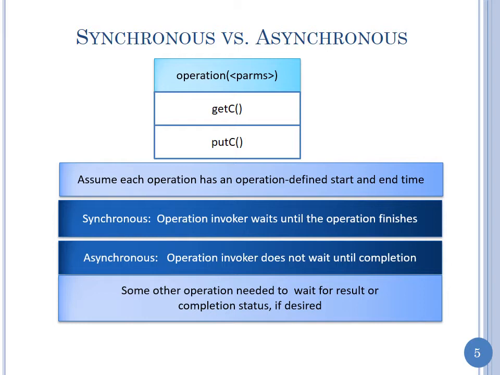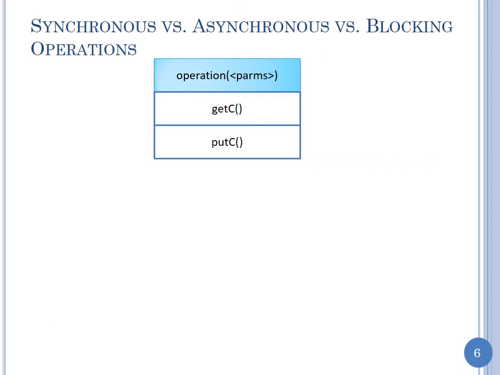And even if there's no result, if you want to get completion status, then you need something else. John Ray mentioned that in JavaScript you can have callbacks invoked that tell you the result of the operation, or if the operation doesn't have a result, the status of the operation. So asynchronous becomes more complicated, and that's why people often go for blocking.